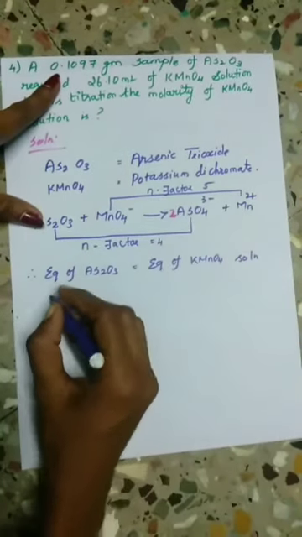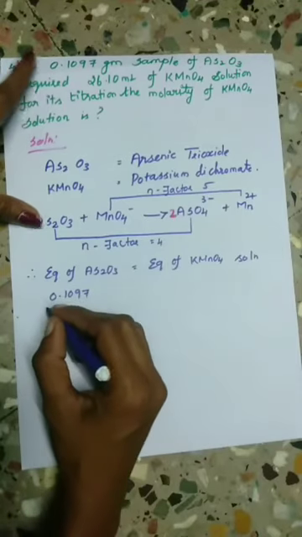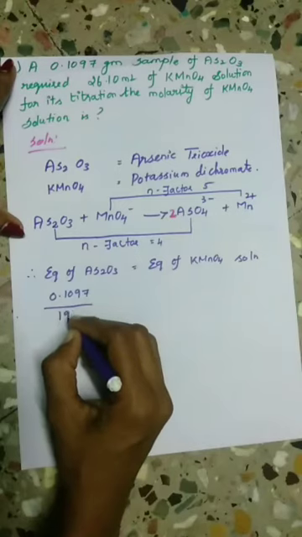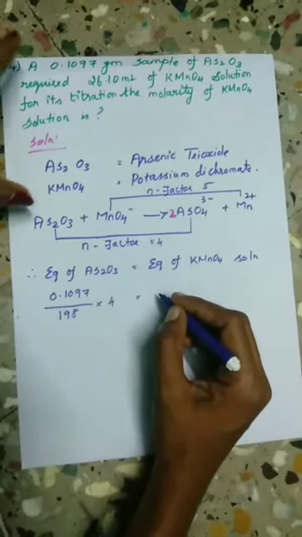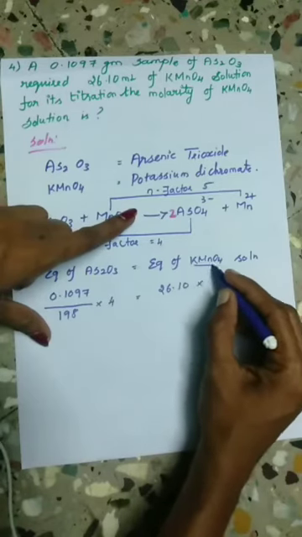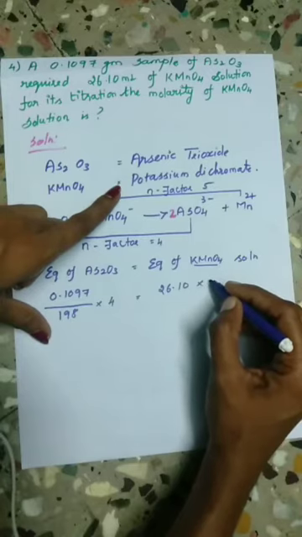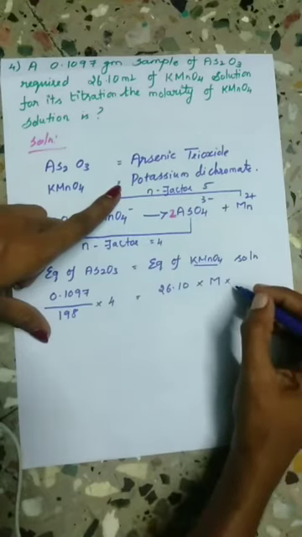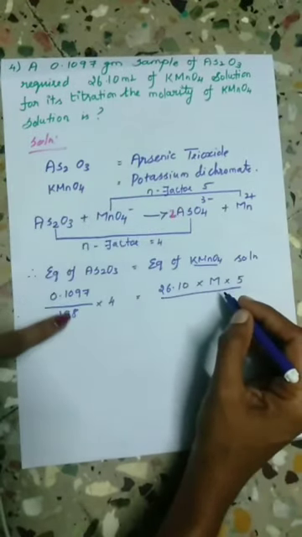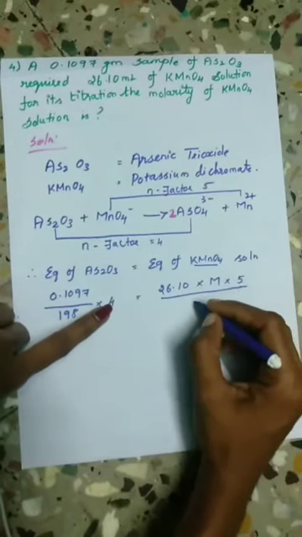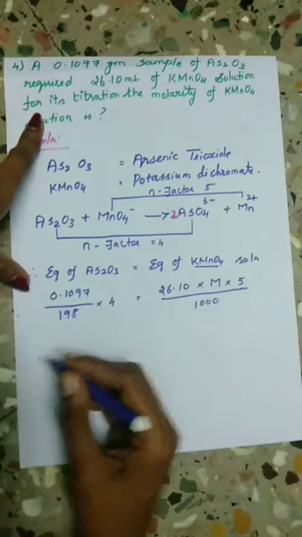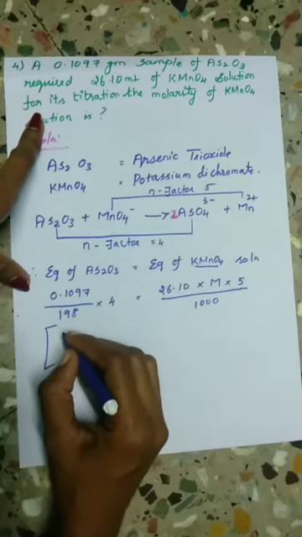So arsenic trioxide: 0.1097 divided by 198 multiply 4 is equal to the equivalents of KMnO4, which is 26.10 multiply M, since we have to find the molarity, multiply by the volume in liters, so divided by 1000, and multiply by 5 for the n-factor. For arsenic the n-factor is 4, that is why I put 4 here. How did this 198 come?